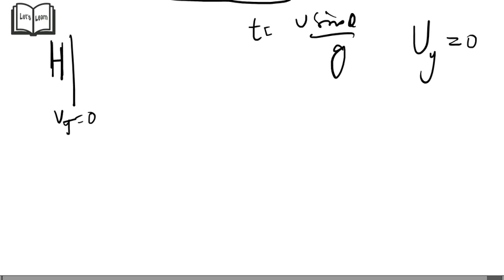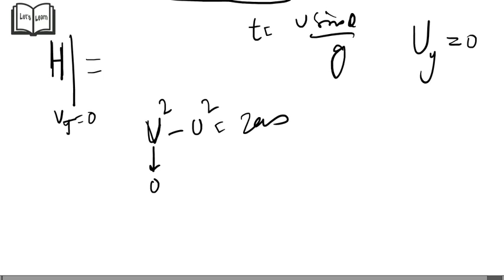Then the maximum height will be given by the equation of motion. You know that v square minus u square equal to 2as. So the final velocity is 0.